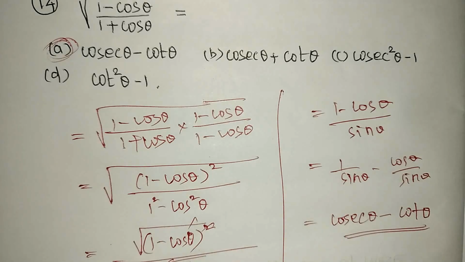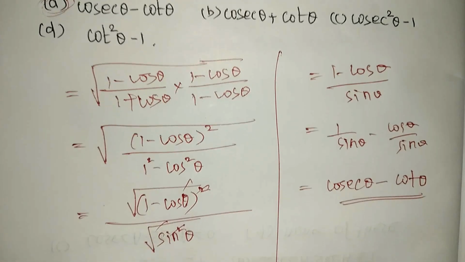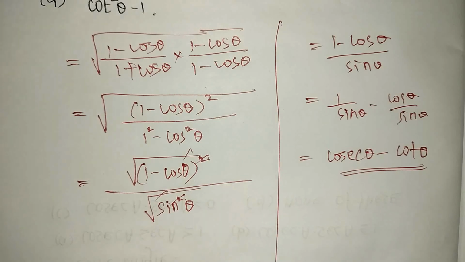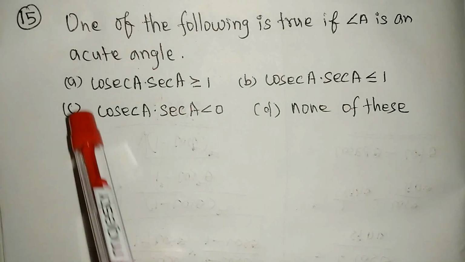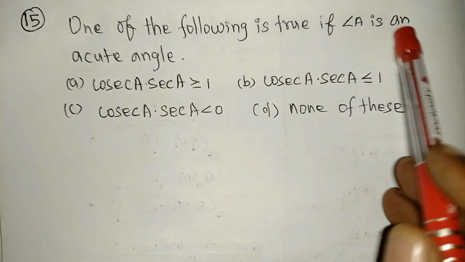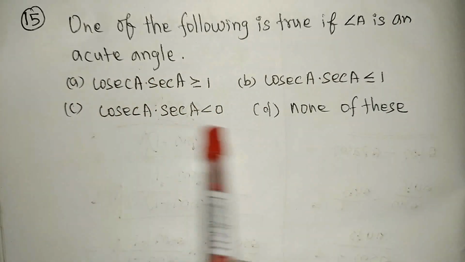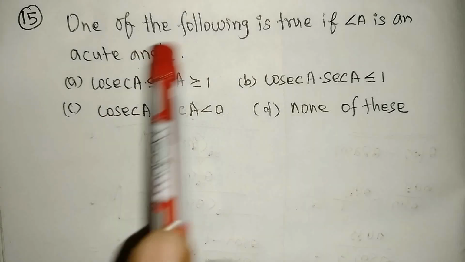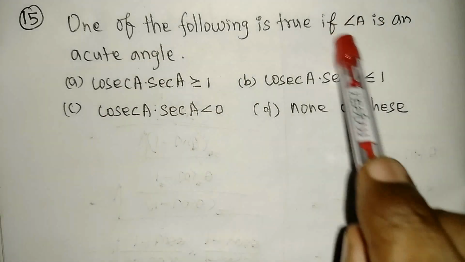Okay, right. We'll go for question number 15. Before that, take notes. Okay. The 15th one: one of the following is true if angle A is an acute angle. So we have 4 options. In these 4, only one is true, and it holds only when A is acute.